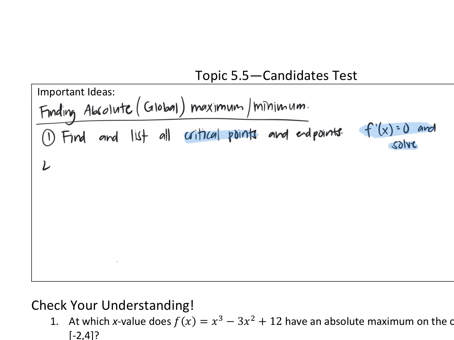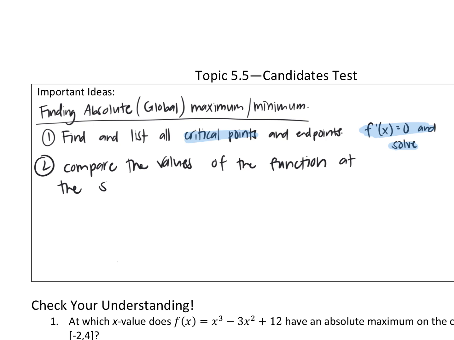Okay, next thing that we're going to do is we are going to compare all of those values on the function at the specific x values. I should probably say compare the y values there of the function at the specific x values.